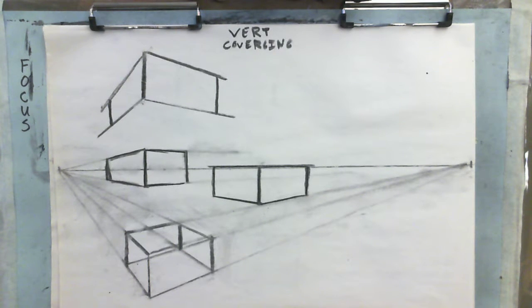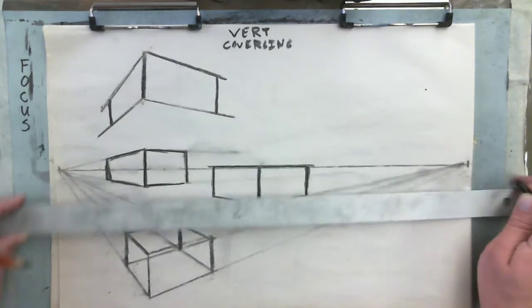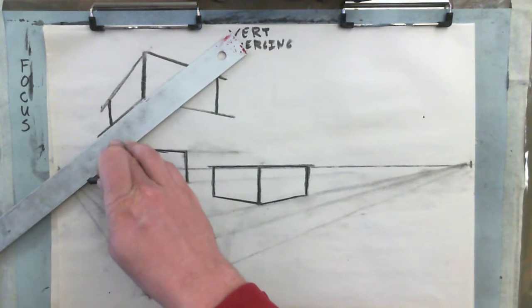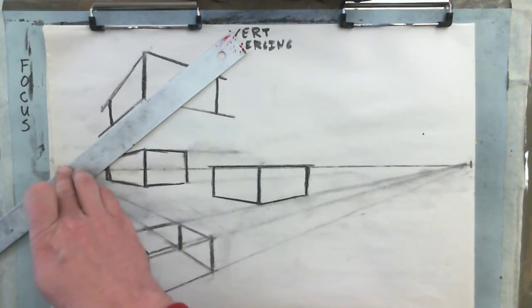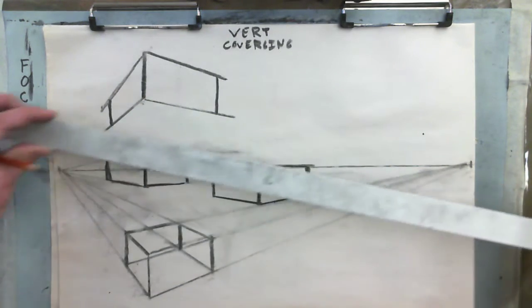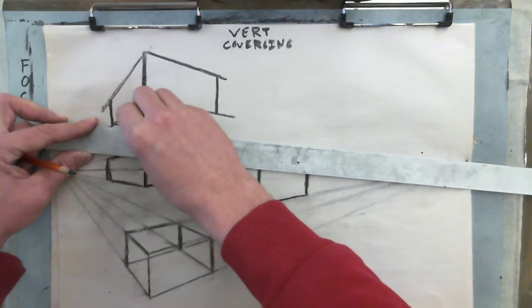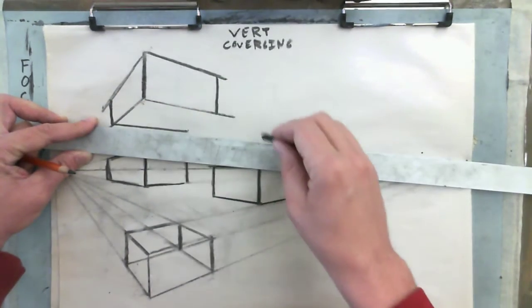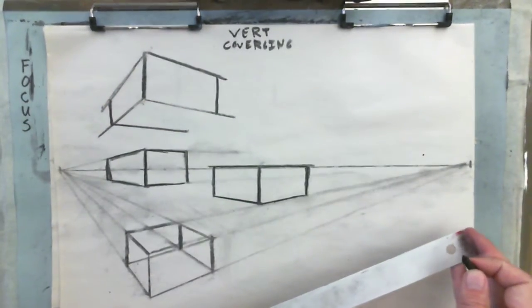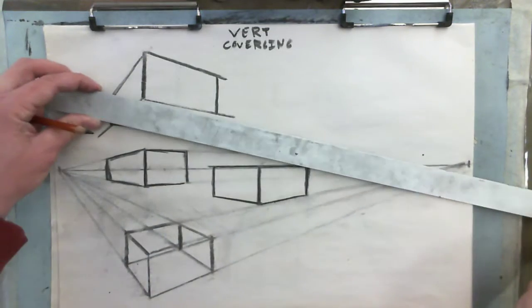Then we have to make the bottom. So for the bottom, we reverse it. I already drew a converging line from the bottom here going to the left. So now I have to draw one going to the right. And then on this side, I already drew one going to the right.